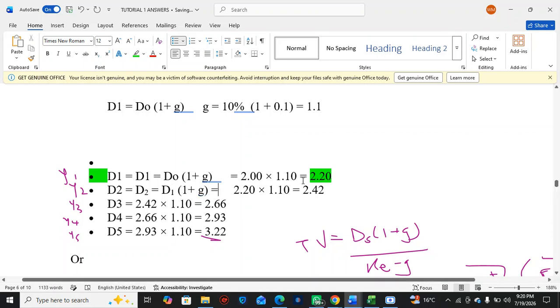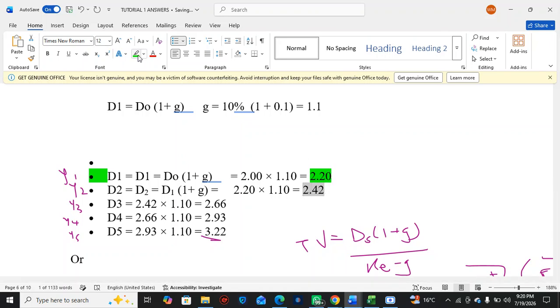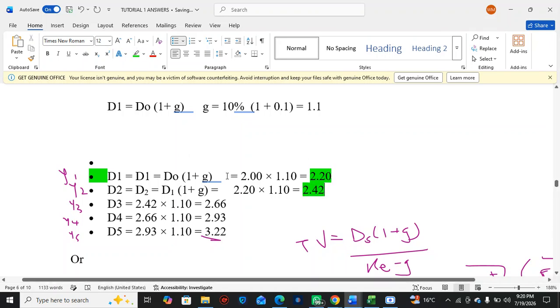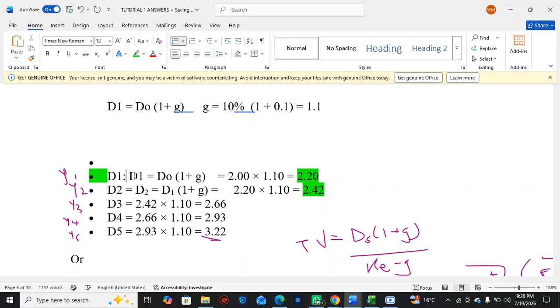Remember, the dividend for year one was 2.2 kwacha. So 2.2 multiplied by 1.1 equals 2.42. This is the dividend that is going to be paid in year two. Any questions before we get the dividend that will be paid in year three?